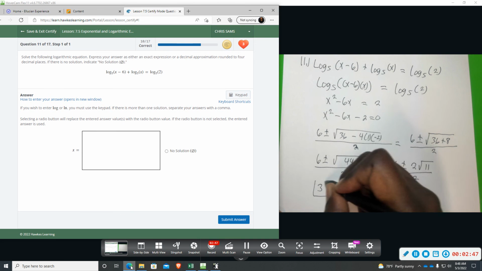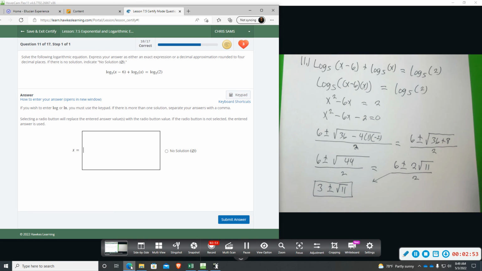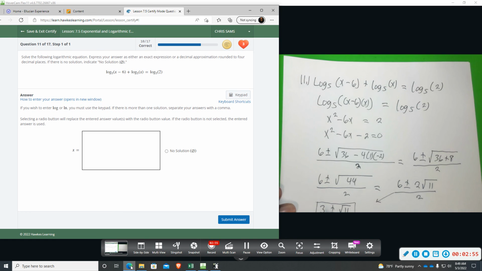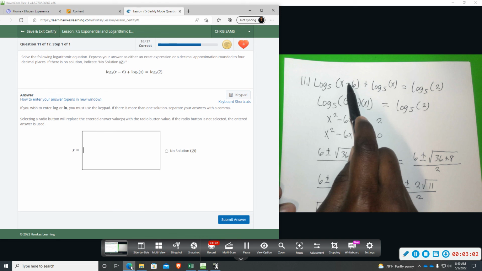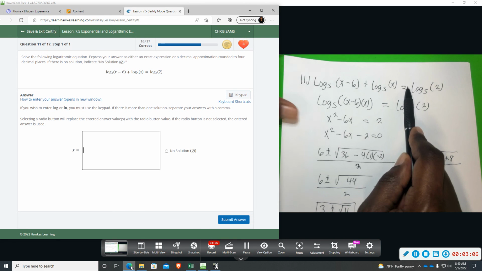And then once again, we need to verify that both these numbers indeed will work. So if I do 3 plus or minus square root of 11, it needs to be bigger than negative 6. And as long as it's positive, then we'll be fine to use it in both.